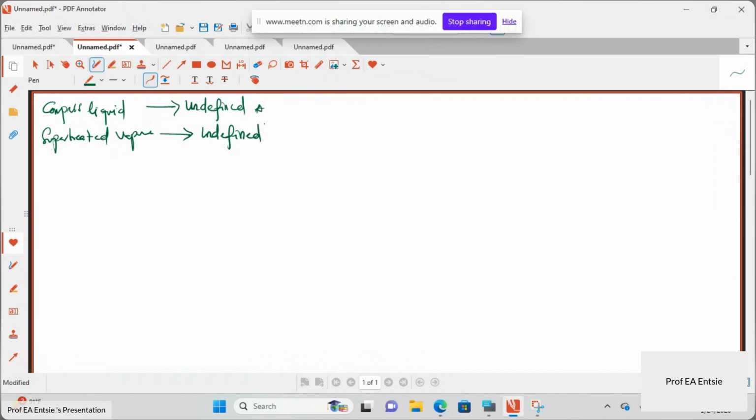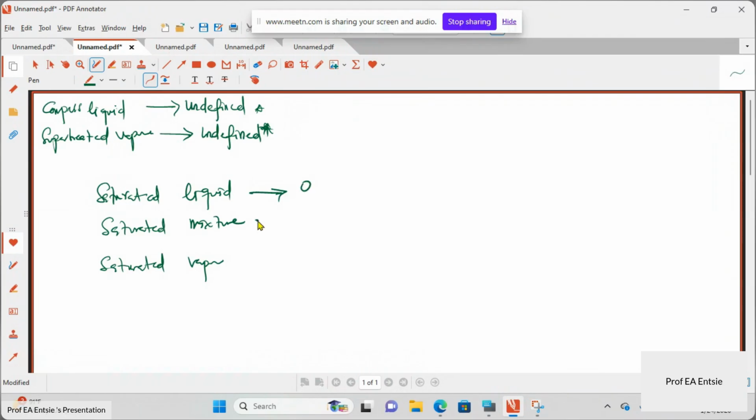because quality is telling us how much of the total liquid has converted to vapor. So it will only have definition in the mixture. So at saturated liquid, quality is zero.